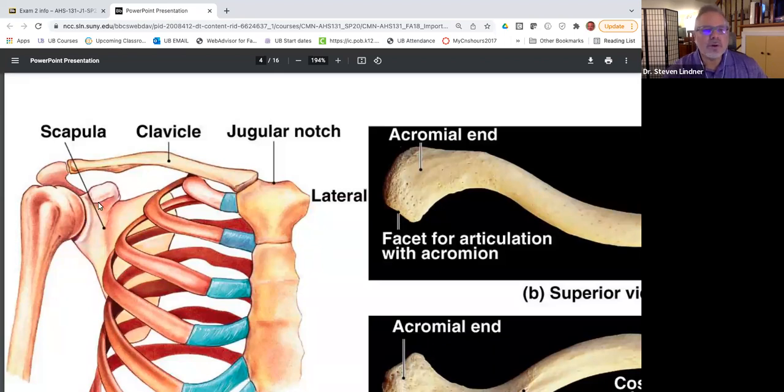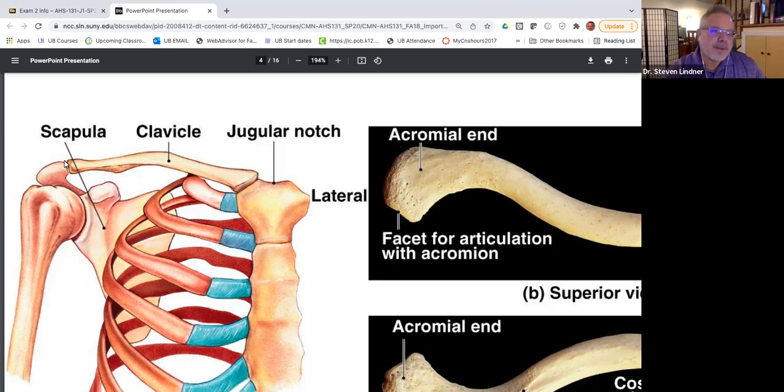That's the shoulder joint. But the shoulder girdle is different. The shoulder girdle is made up of this bone here, which is the clavicle, and how it articulates with the scapula and the sternum, this part called the manubrium. Now, there's a joint right here, this articulation between the sternum and the clavicle. We call that the sternoclavicular joint.